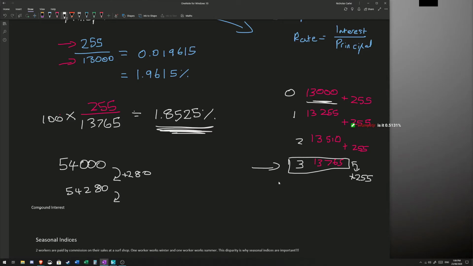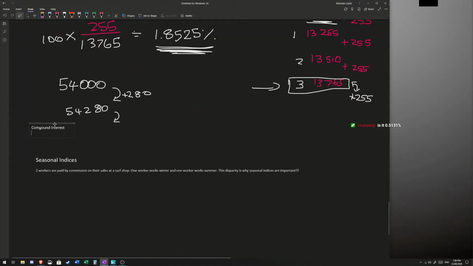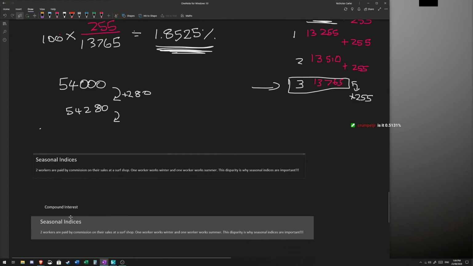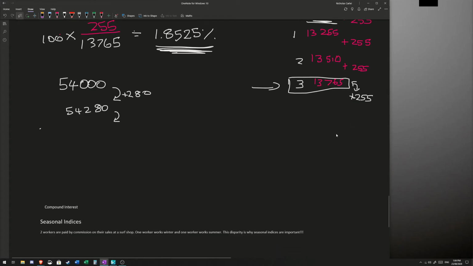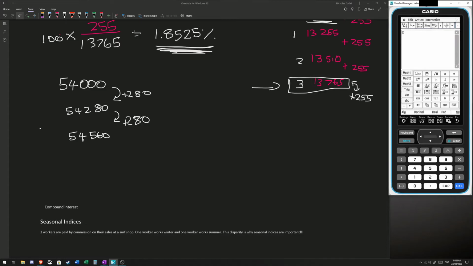We're adding another one, and after the second one we're adding 280, that's $54,560. I'll bring my calculator back over: $54,000 plus 280 plus 280.